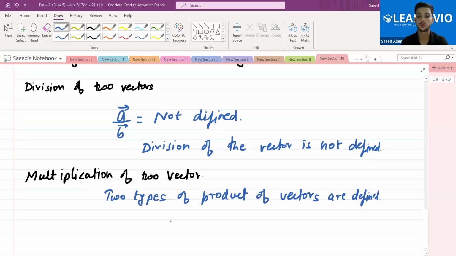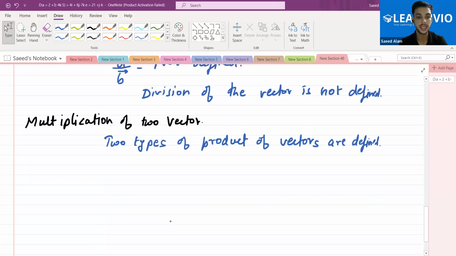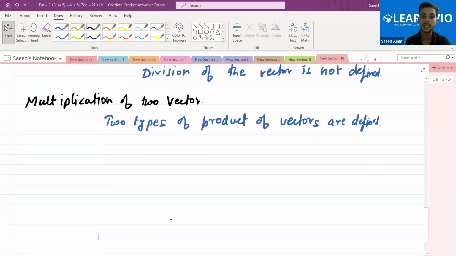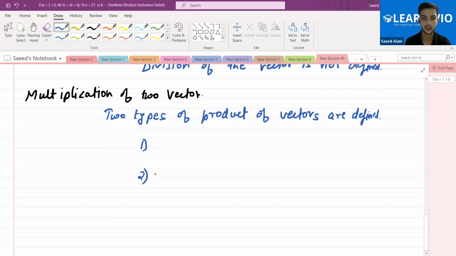So two types of product of the vectors will be defined to us. First of all, write it as 1 and 2. So there will be two ways we are going to do this. Okay, so first of all, let's see the first type. I'll name it here.